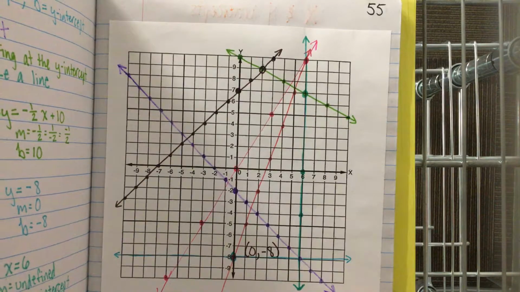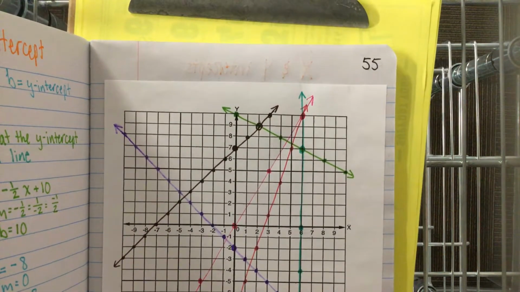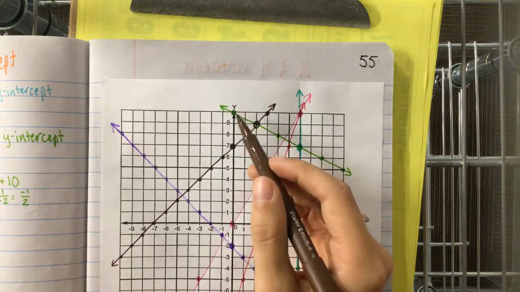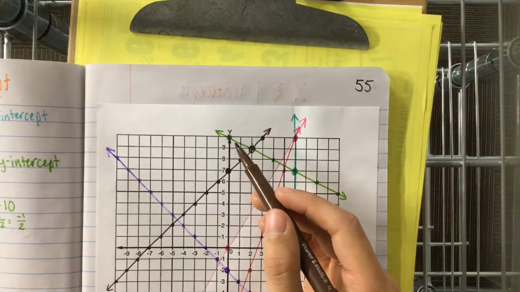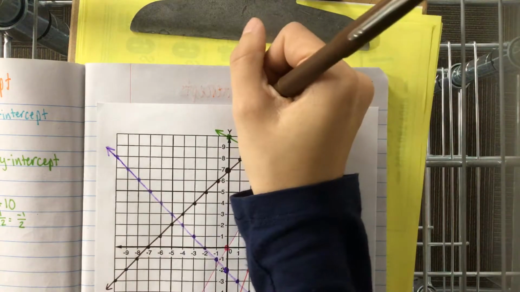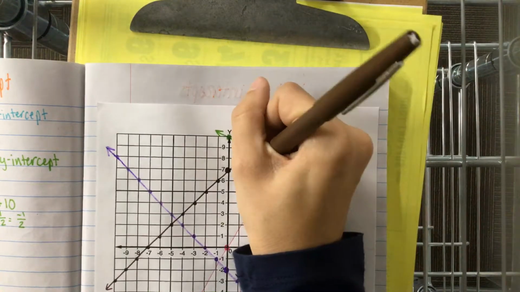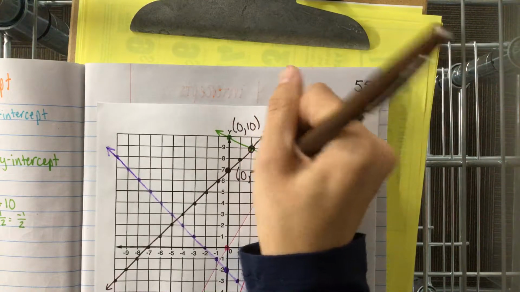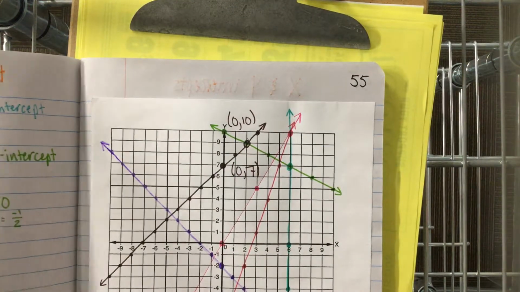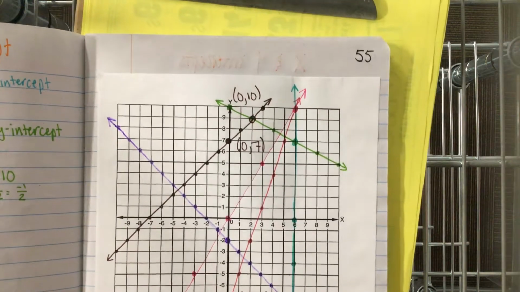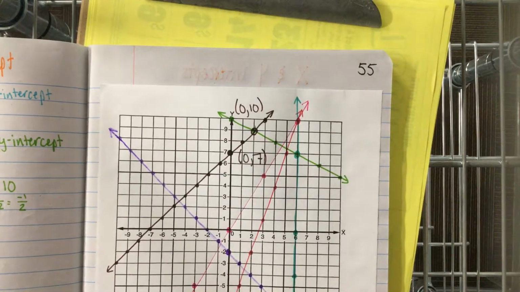Let's look at another. Coordinate pair 10, 7. You'd say 0, 10. And we can do 0, 7. So looking at all these y-intercepts, what's the x value always? 0. Cool.